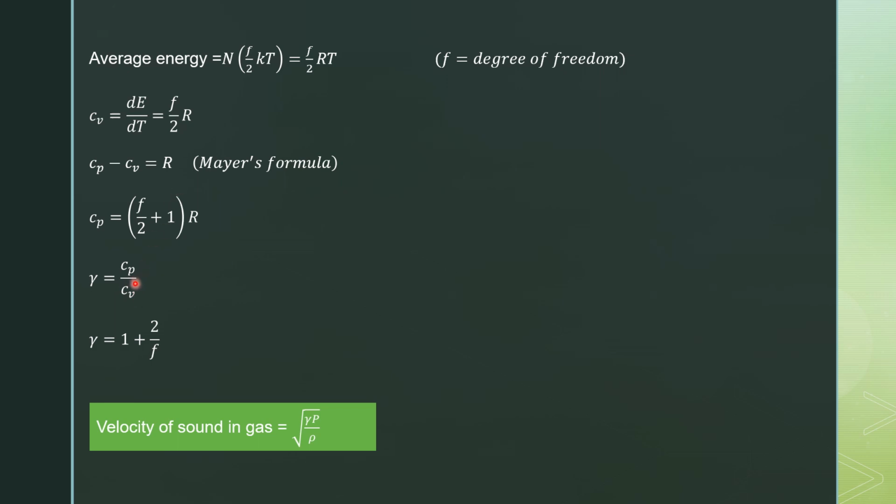So by equating this equation, we can find that gamma will be equal to 1 plus 2 by f. Also, another formula for the velocity of sound in gas can be written as root over gamma P by rho.